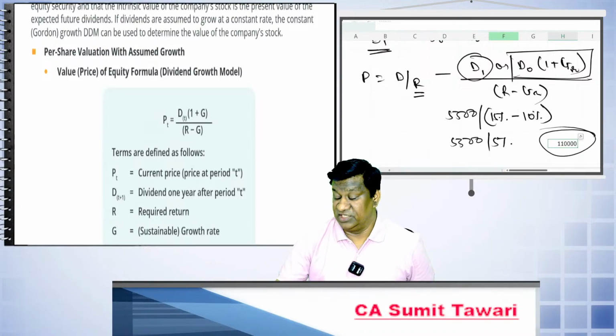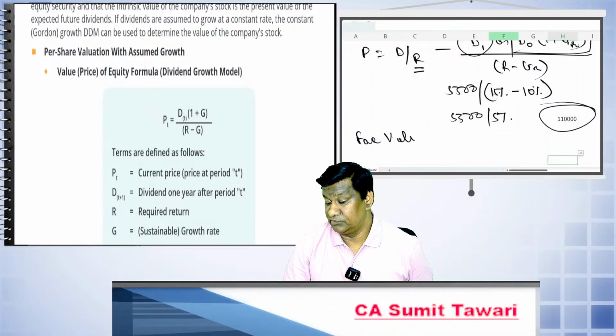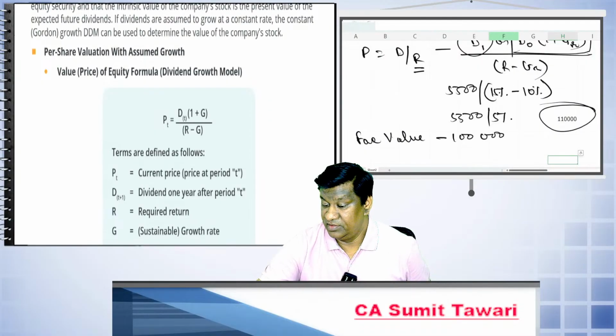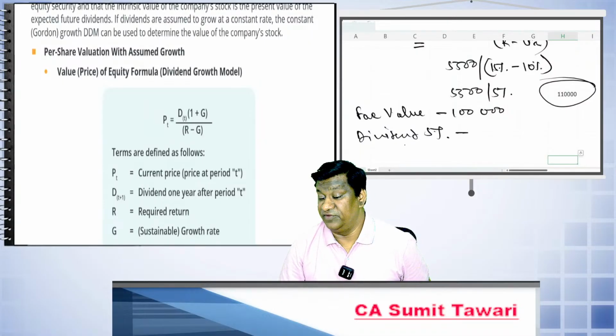See, the face value is 1 lakh and the dividend is 5%, so the amount is 5,000.